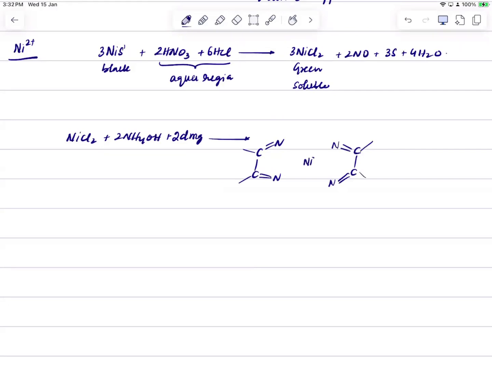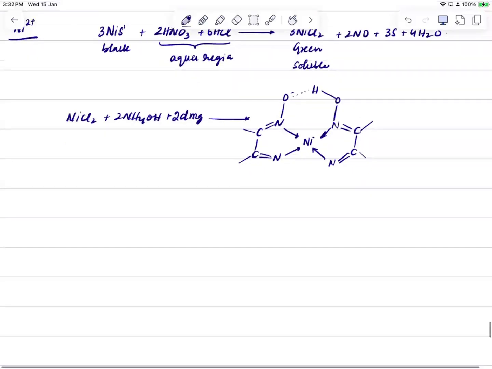Nickel is at the center. These 4 nitrogens are connected, correct? And here it will be O minus, which is connected through hydrogen to oxygen like this. So this is the hydrogen bonding which you will get. Similarly, here we get O and H, which is connected with O minus, right?